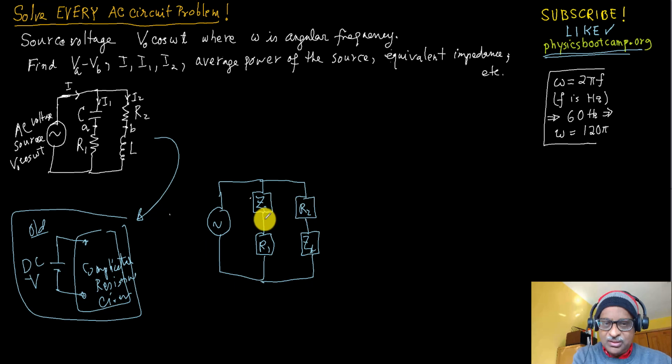So there's a four resistor circuit, and there are many ways to find all the currents I, I2 and I1.